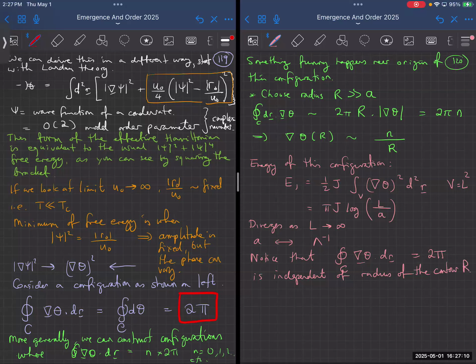And so that means that however big R is, I still get the same number. So if you say, can I get rid of this high energy configuration by making some small local change to spins? The answer is no, I can't. Because all the spins in the system, all the way out to L, they all give the same contribution to this line integral. So this means that this configuration has a topological charge.